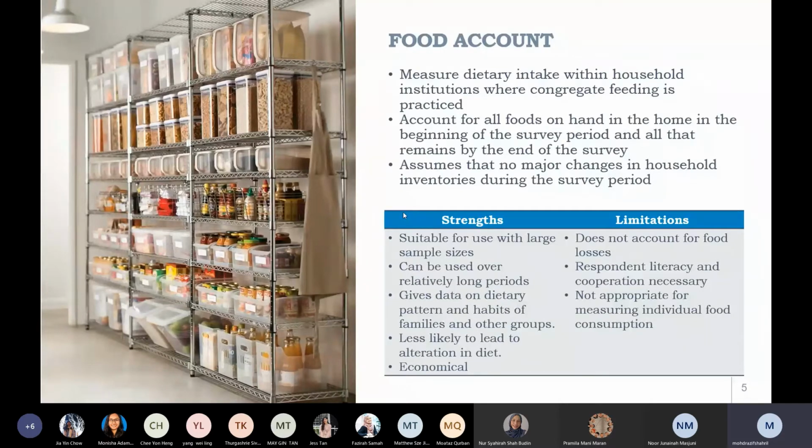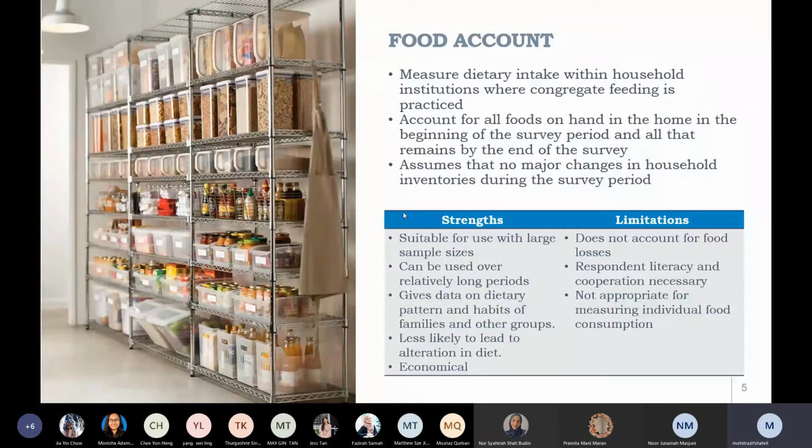But there are some limitations. It does not account for food losses. Some food might get spilled, some food might have expired, or been thrown away in between. It is also based on respondents' literacy and cooperation.